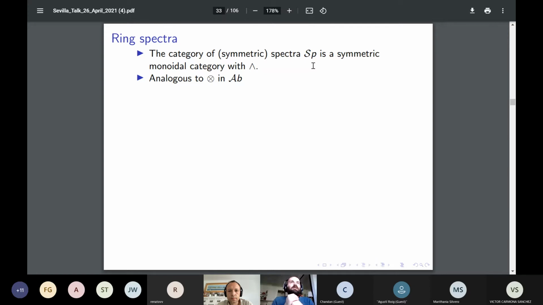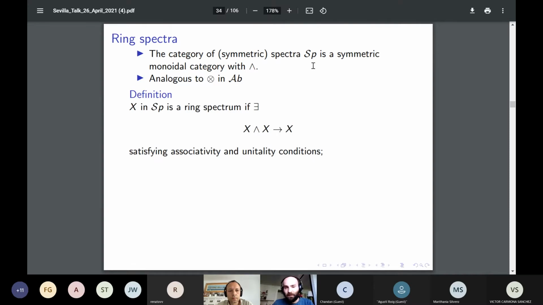Although this smash product comes from topological spaces, the correct analogy to compare it with is the tensor product in abelian groups. Philosophically, in many situations, this smash product functions the way the tensor product functions in abelian groups. For instance, we can define a ring spectrum, a ring object in spectra, in this way: we can say a spectrum X is a ring spectrum if there is a map from X smash X to X, which is the ring multiplication map, which satisfies certain associativity and unitality conditions.